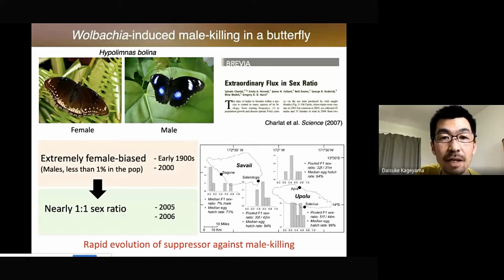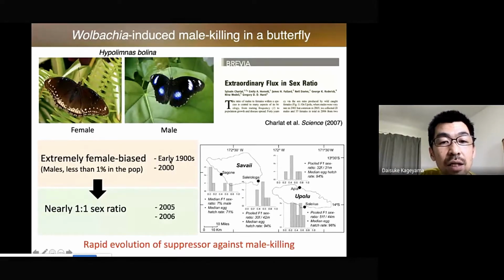a butterfly study has revealed that nuclear resistance, which we call a suppressor, is easy to evolve among host genomes. As you can see, this butterfly is famous among insect collectors and has been for all times.